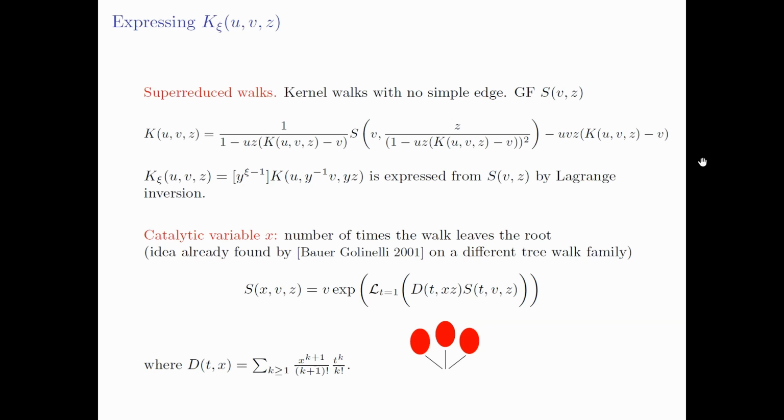Otherwise, it wouldn't be correct, right? So how to handle that? The answer is that we need an extra parameter to keep track of it, a catalytic variable, which is how many times we leave the root. That's the important information.